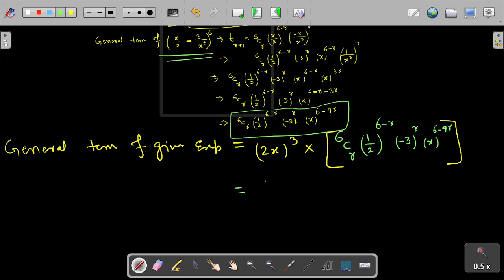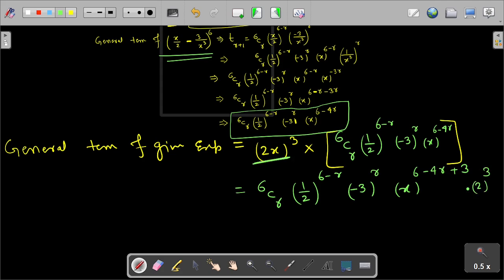So we are getting 6Cr (1/2) raised to power 6 minus r, (-3) raised to power r, and now you will have x raised to power 6 minus 4r plus 3, and we will have one more term, that is the 2 raised to power 3 as well. This is basically 2 raised to power 3 multiplied by x raised to power 3, isn't it?